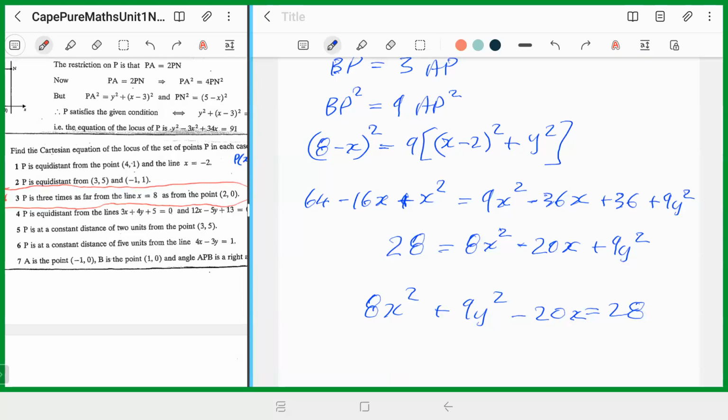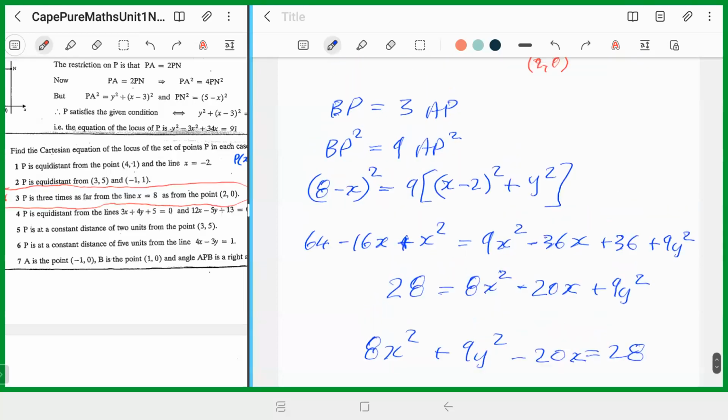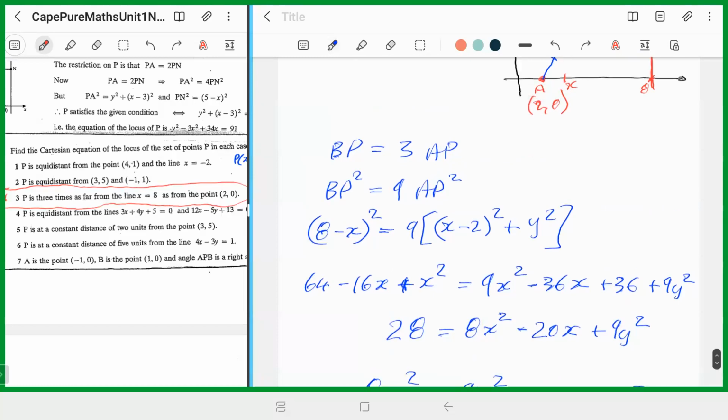Sir, could you have done it the other way? Which other way? When you're trying to find the equation of the length of a line, and you have the square root. Yeah, because all that would happen if I did not square this first, and I'm working with this, all that would happen is that I would not have any square on this. I'd have a 3 right here, and I'd have a square root over this.